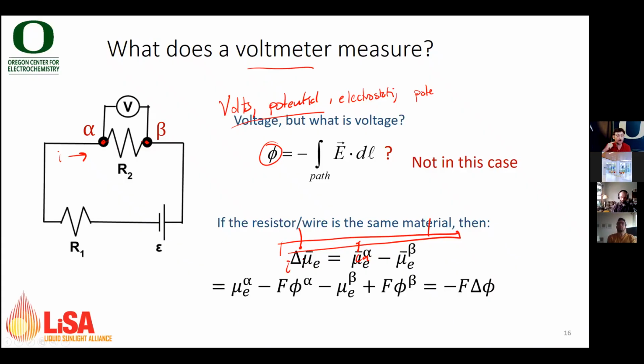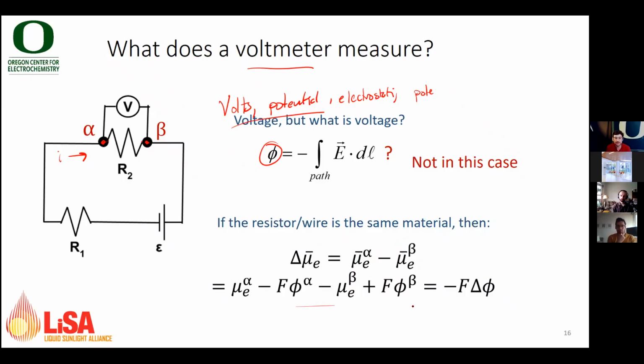I'm measuring the driving force to push current through the voltmeter, which depends on the internal impedance of the voltmeter. Good voltmeters are gigaohm, teraohm, and draw very little current to make a voltage measurement. I'm measuring the difference between the electrochemical potential of electrons at point alpha and point beta.